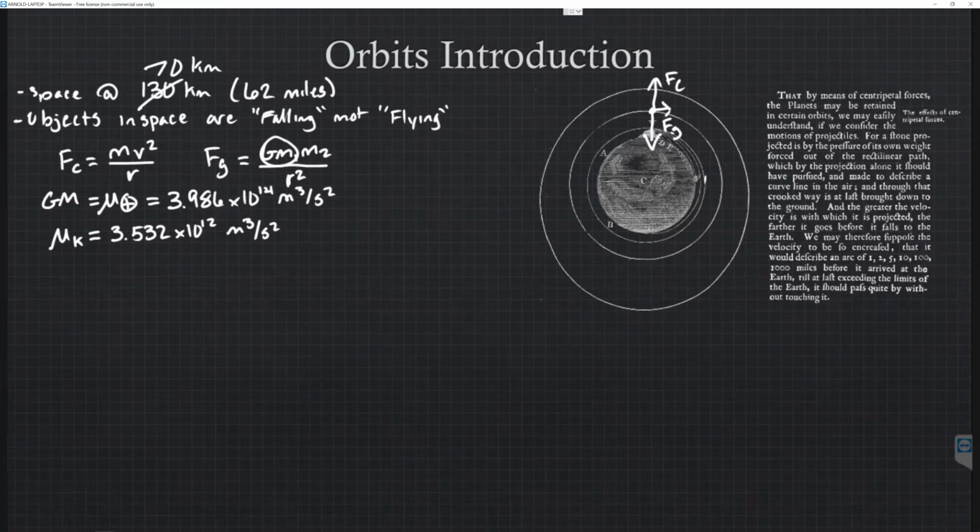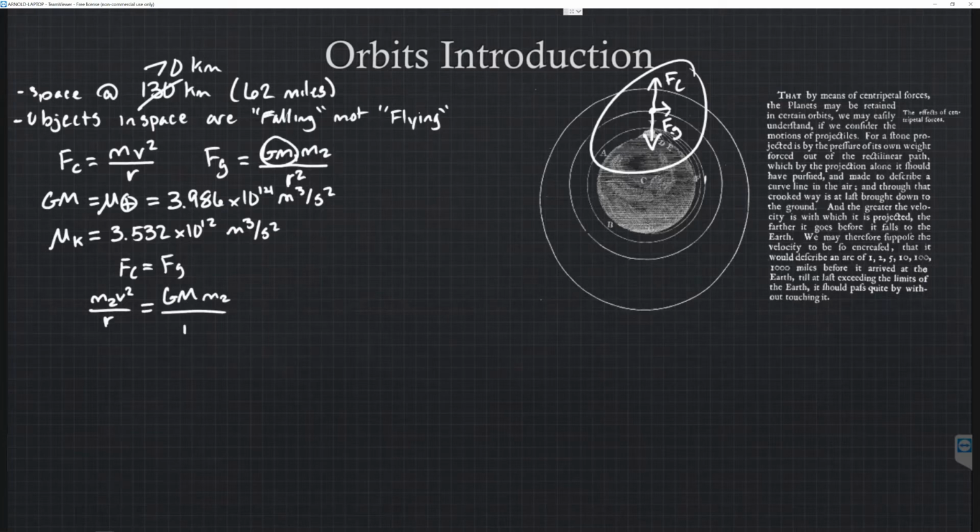And so we can substitute that equation and solve for this diagram right here. I'm going to equate the centripetal force to the force of gravity and substitute. In this case, we're going to use the mass of the second object, similar to how it is represented in the force of gravity equation, which is equal to the gravitational parameter over r squared.